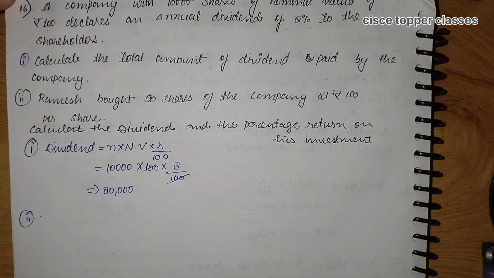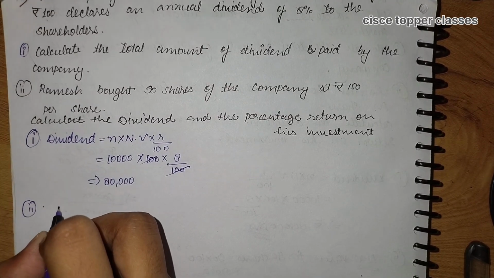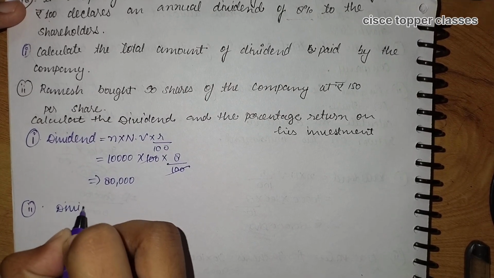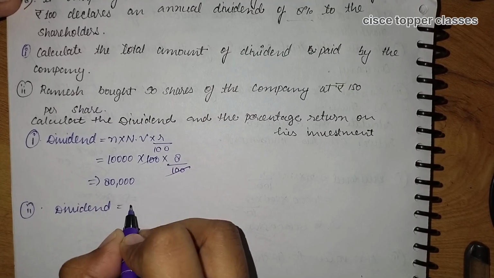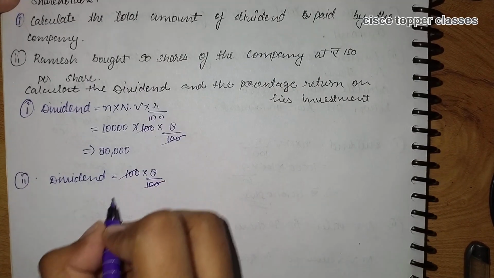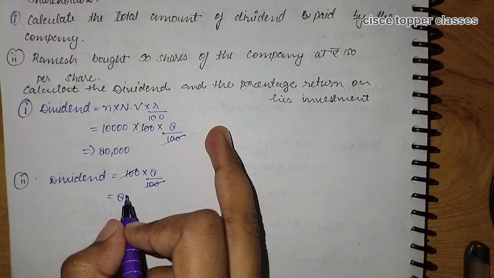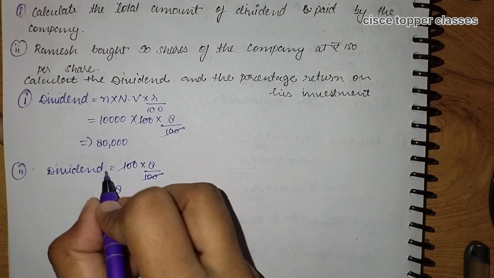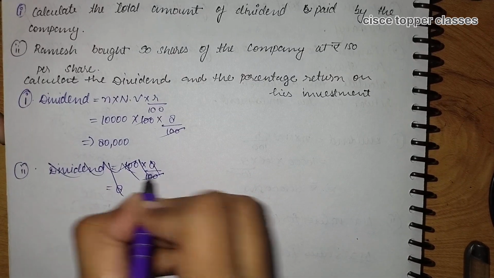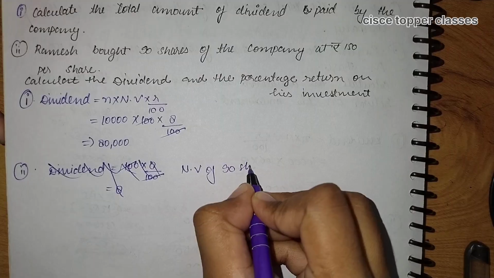So we can find the dividend by the nominal value. Dividend will be 100 into 8 by 100. So 8% of that will be 8, means rupees 8 is the dividend here. Sorry, here we have 90 shares, hence firstly we will find the nominal value for 90 shares.